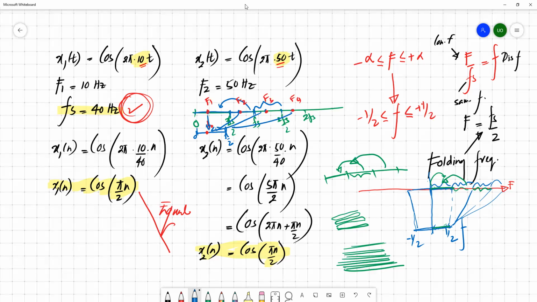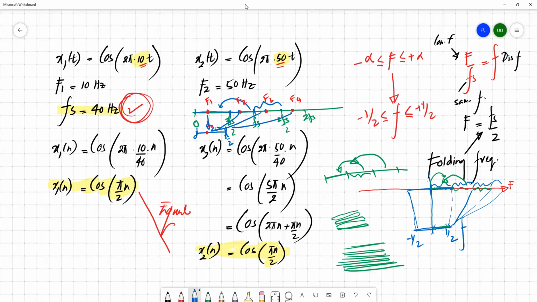Okay. If you select your sampling frequency greater than 2 times the maximum frequency, we can guarantee that there won't be any duplicates or mapping of these multiple frequencies to the same frequency component. Okay. So for example, if you select 2 times this, then you can easily identify.